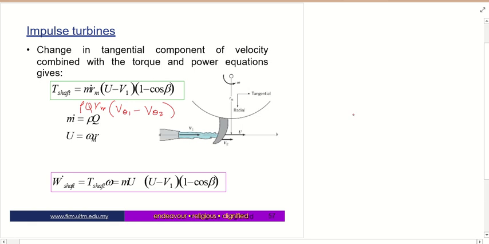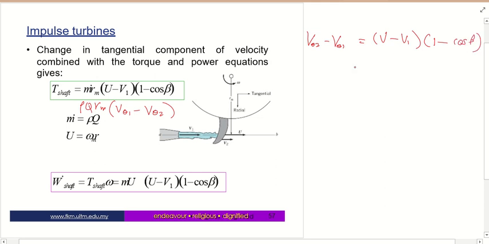From the previous slide, V theta 2 minus V theta 1 is equal to U minus V1, times 1 minus cos beta.